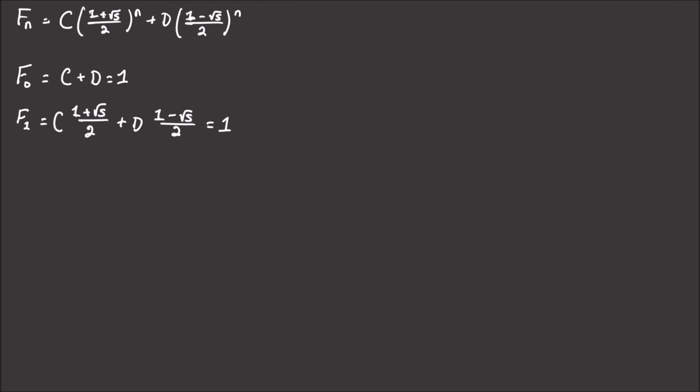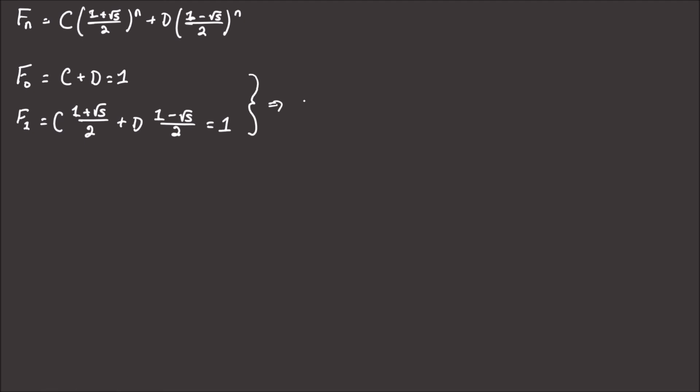So what we need to do, much like in the previous example, is elimination. So let's cancel out this d. How do we do that? Well, we're going to multiply the first equation by negative 1 minus root 5 over 2.